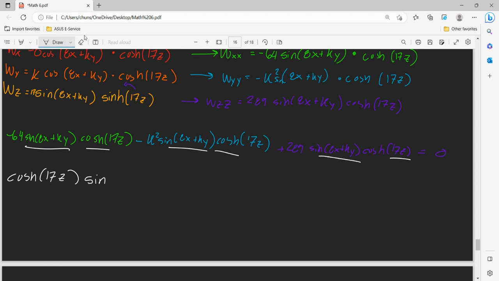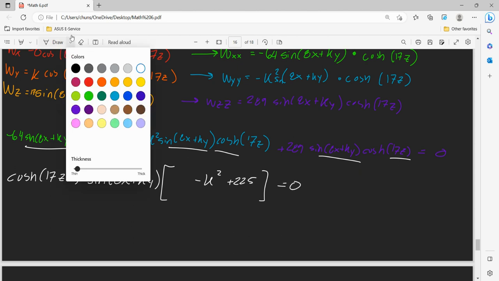And now we have 64 minus k squared plus 289. And let's just combine the 64 and 289. So 289 minus 64, that's 225. That's negative k squared plus 225 equals 0.